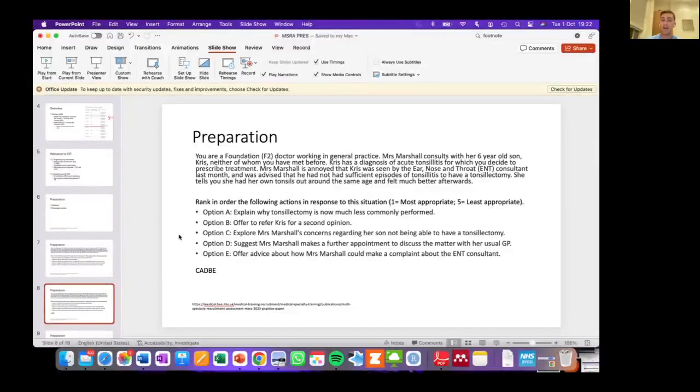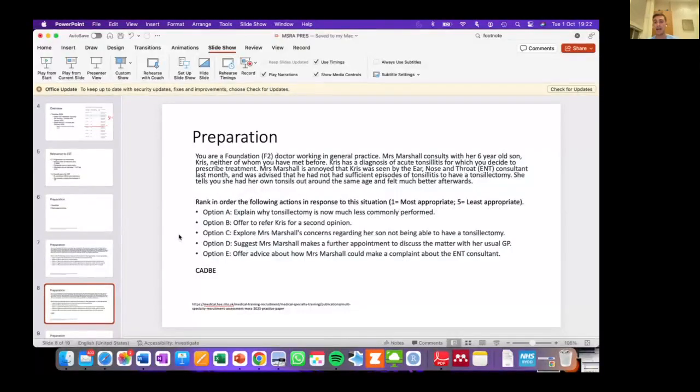And these ones start to get a bit trickier because it's sort of like, you're referring her for a second opinion. Do you suggest she discuss it with her usual GP when you can actually just discuss it yourself? Yeah, it makes sense. It's not appropriate for them to have the tonsillectomy, so that's why you wouldn't refer for a second opinion. That's why it's the second to last option.